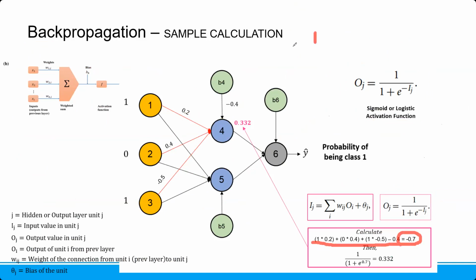Then the formula will be 1 divided by 1 plus e power of minus IJ. So what is IJ? IJ is minus 0.7, so it means minus of minus 0.7.